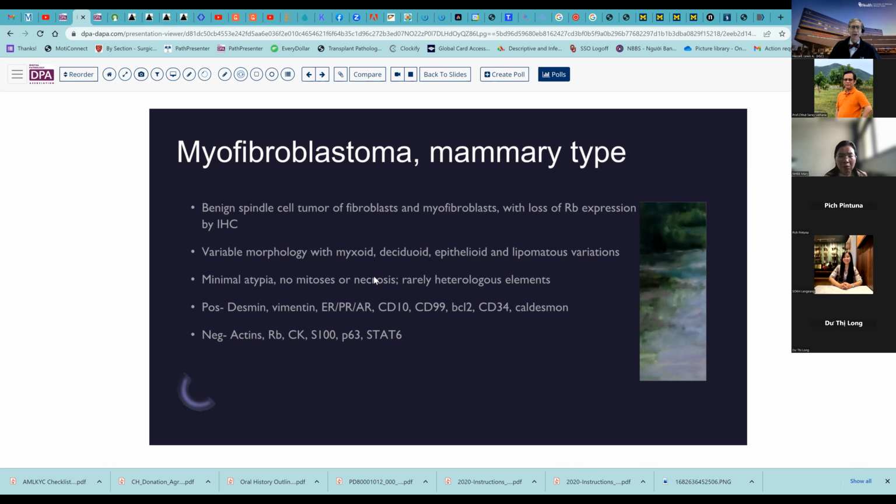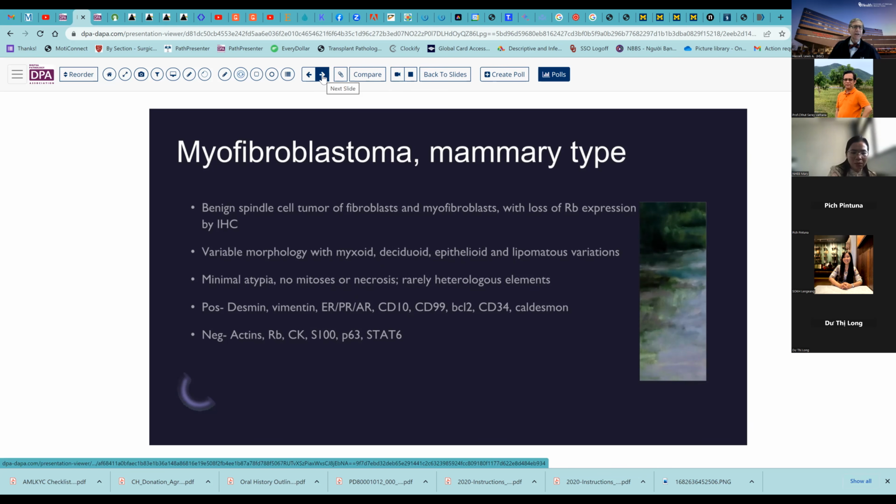And it can have various appearances, but one of those is kind of a spindle cell pattern. This is not a very mitotically active lesion, and usually would be distinguishable from others. But I include it here just for completeness sake, I guess.